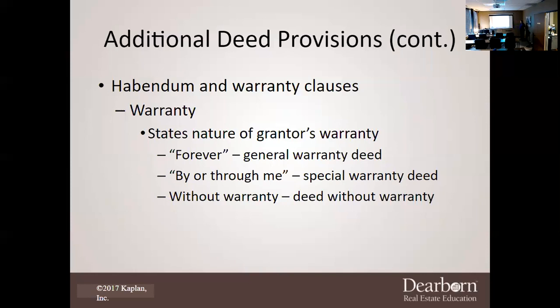Mr. Eugene, if you sell your property to Stephan here, Stephan prefers a general warranty deed. Because what you're telling Stephan is, if you buy this property, I warrant not only that while I owned it, it was good and clear and I did nothing to encumber it, but also that the previous people who owned it did not encumber your property either.